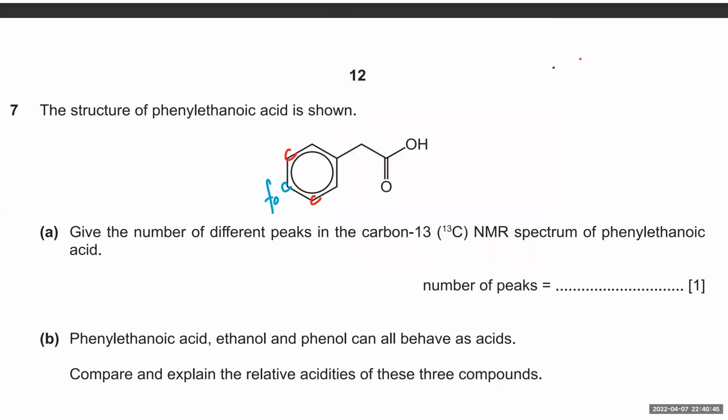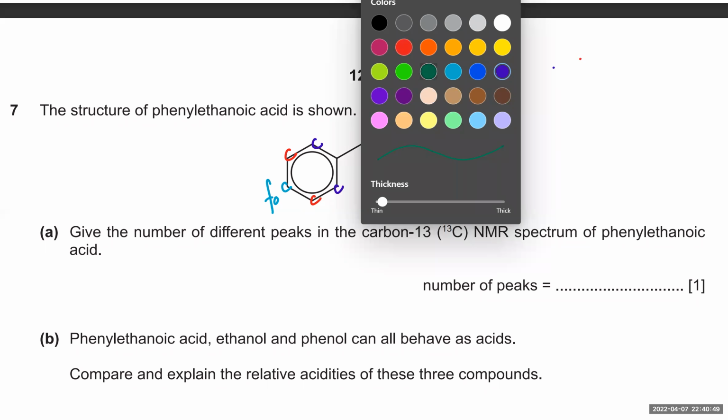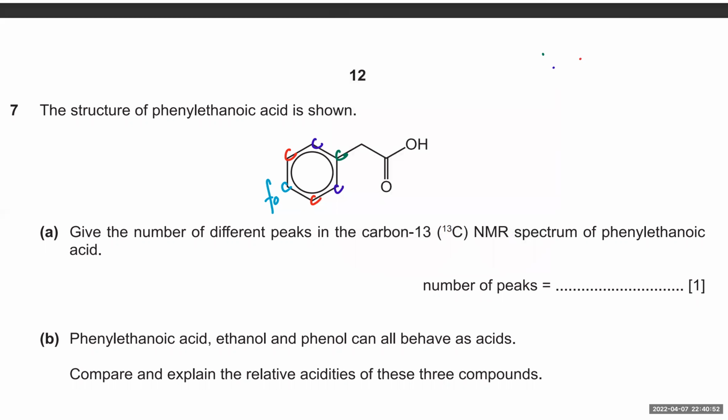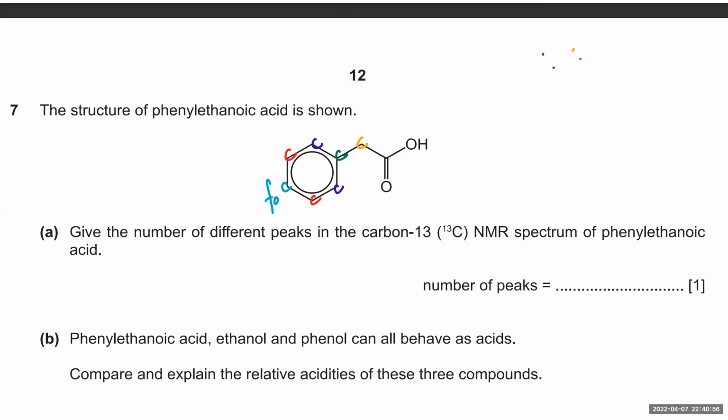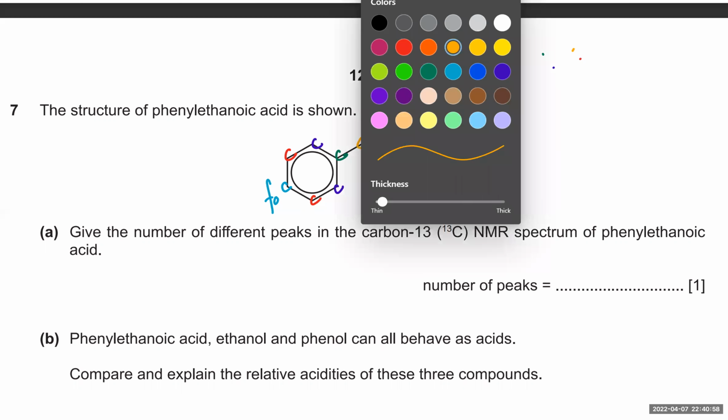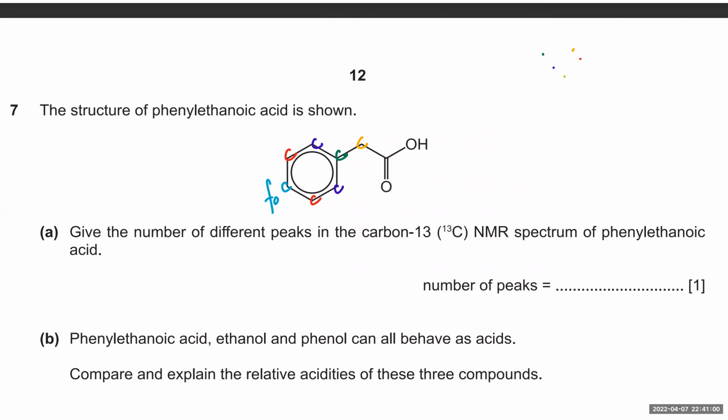Then you have these two carbon atoms, exactly the same environment. This carbon is unique. Similarly, this carbon atom is different from all the others. And finally, you've got this. So how many different peaks? That's 1, 2, 3, 4, 5, and 6. So you've got 6 peaks.